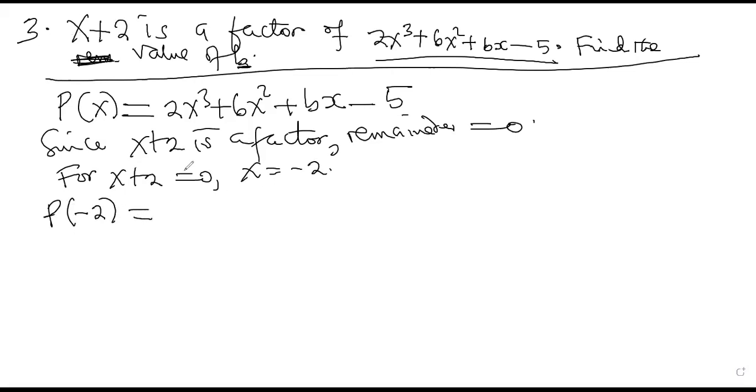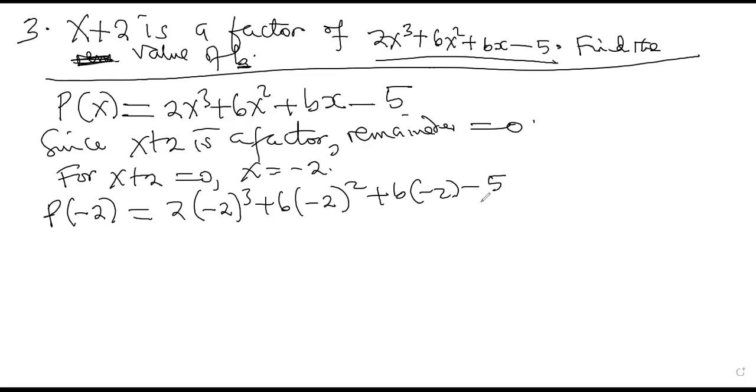P of -2 will be 2 into -2 cubed plus 6 into -2 squared plus b into -2, then minus 5.